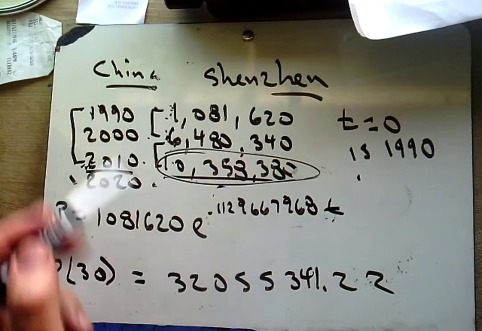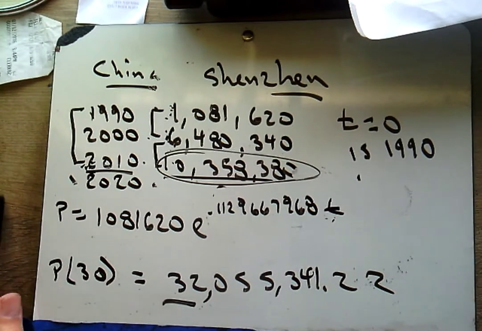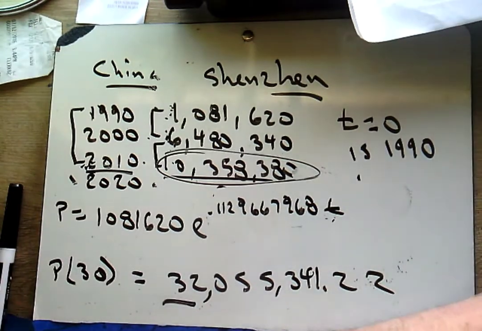So, according to our model, there should be 32 million people in Shenzhen today, if that rate of growth continued. All right, well, I'm going to go over to Google now.